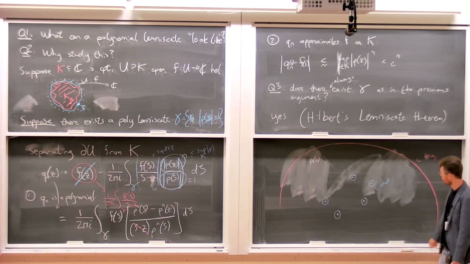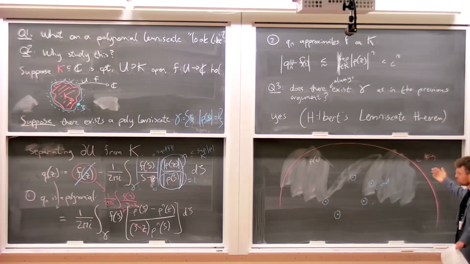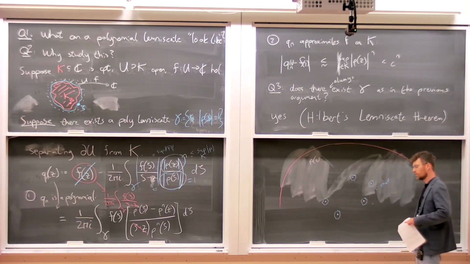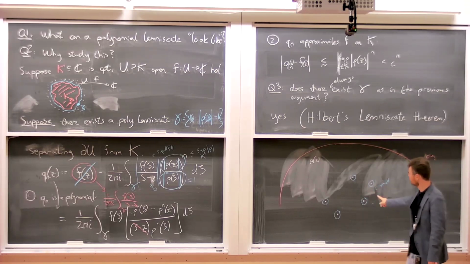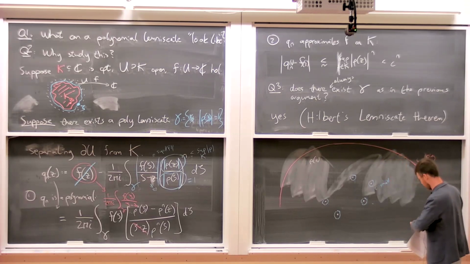And how does it go from being a bunch of small circles to being one big circle? Well, the really interesting thing happens when the circle in the image passes through a critical value, or equivalently, when these different components of the Lemniscate pass through a critical point of the polynomial.